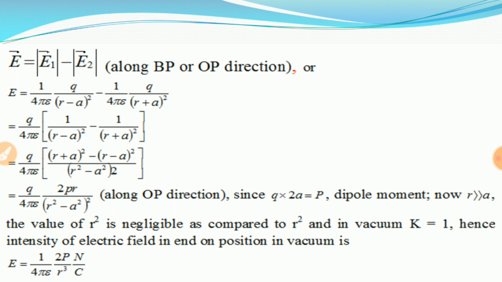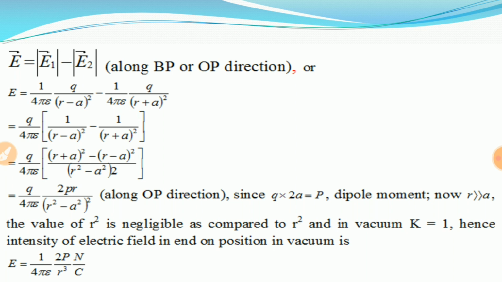Taking the LCM, E equals q upon 4 pi epsilon times [(r plus a) whole square minus (r minus a) whole square] upon (r square minus a square) whole square, which equals q upon 4 pi epsilon times 4ar upon (r square minus a square) whole square, along the OP direction.